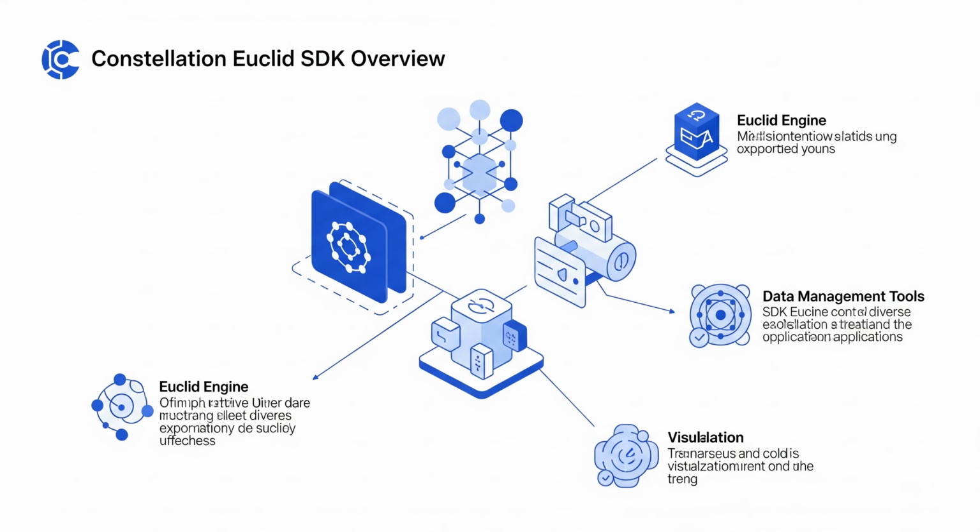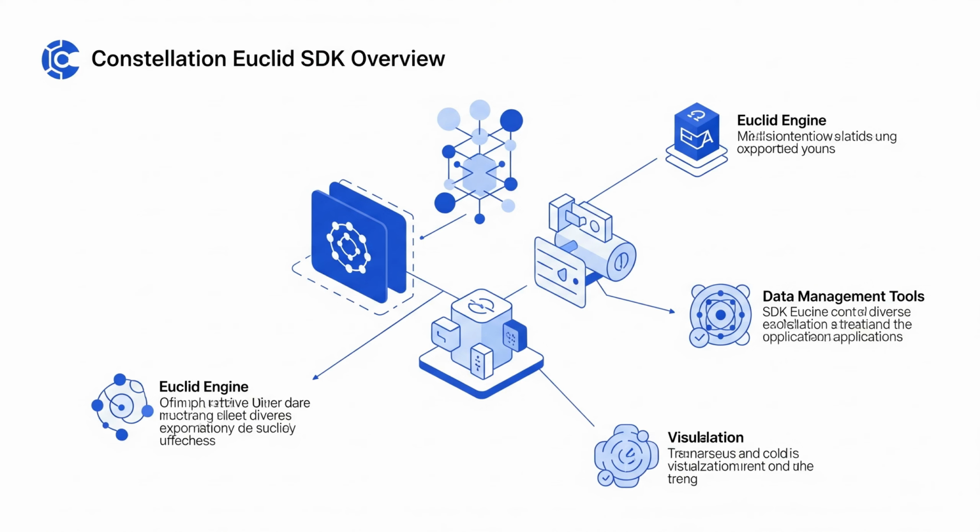Okay, that makes sense. Now, the docs also mention Constellation's own architecture. It's scalable, yes, but also potentially complex for local development because it uses microservices. How does Euclid help smooth that out for developers? Yeah, that's a really practical point. Constellation's design with all these little services working together is great for scale and resilience on the live network. But for one developer trying to juggle all those pieces just to test something locally, that could be a real pain.